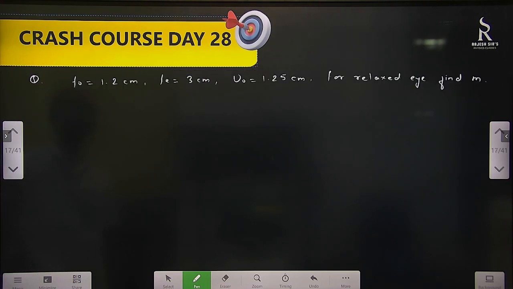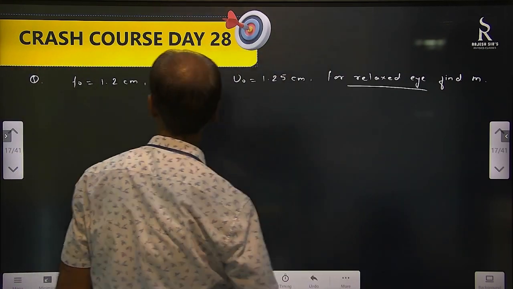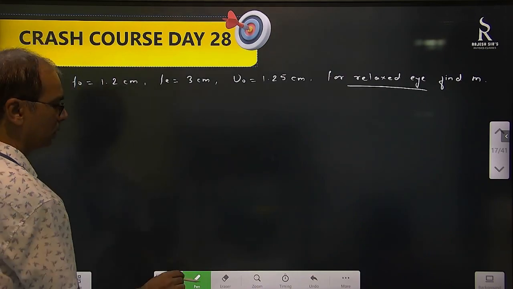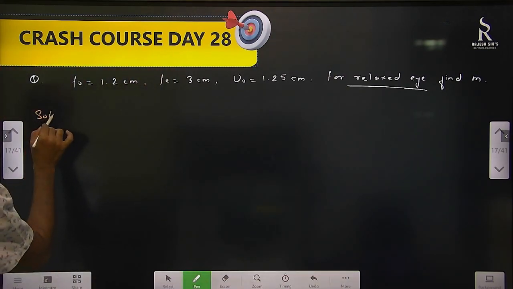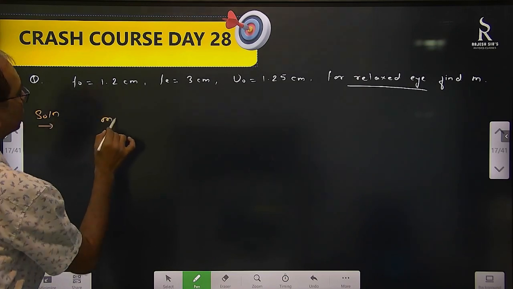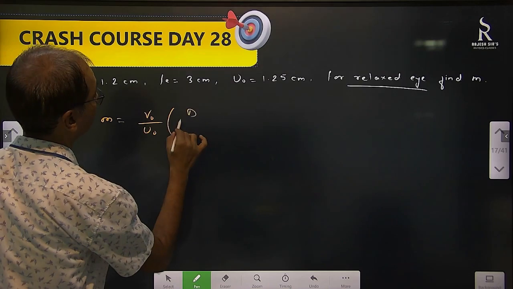FO is given 1.2, FE is given 3, UO is given 1.25, and again it is for relaxed eye. Find magnification, he says. What's the formula? Magnification is V naught by U naught into D by FE.